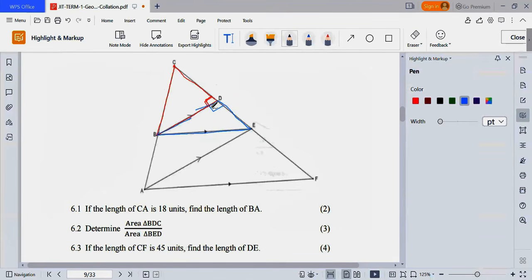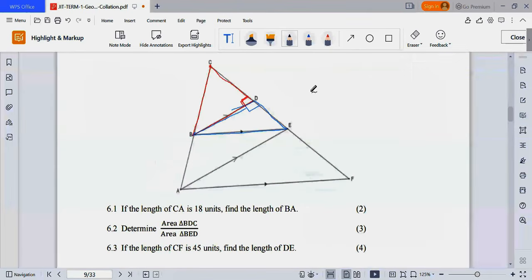So now we must calculate the area of triangle BDC over the area of BED. Looking at these two triangles, we can see now that they have the same height, which is the constructed height BD, right? Perpendicular height. So to calculate our area, we know the formula for area.